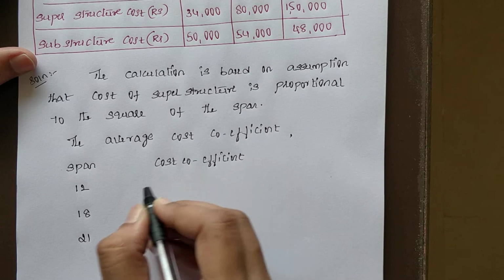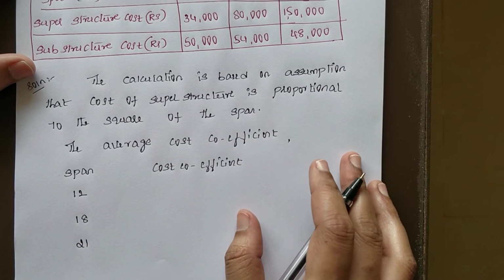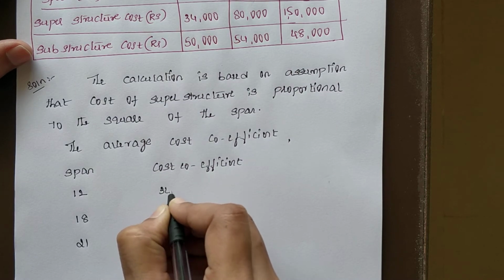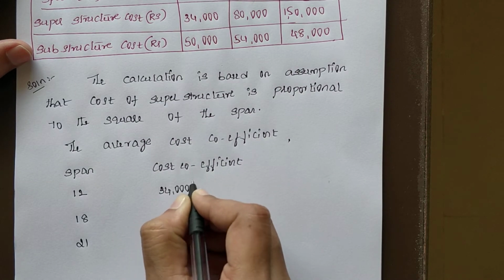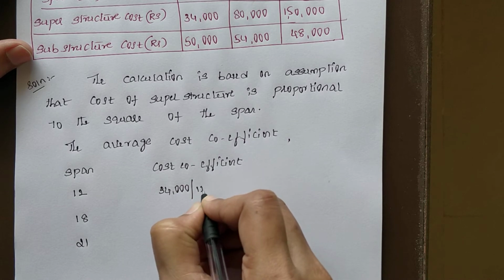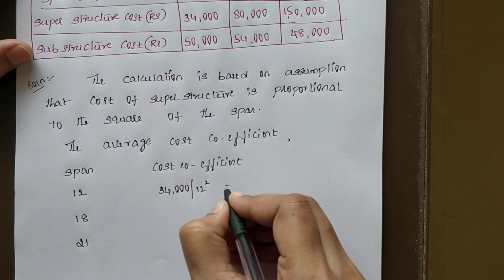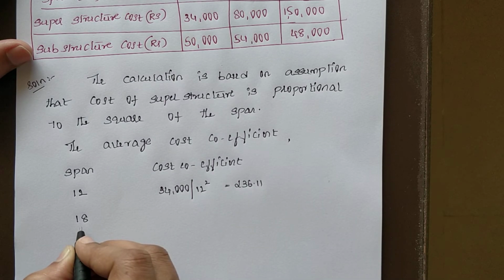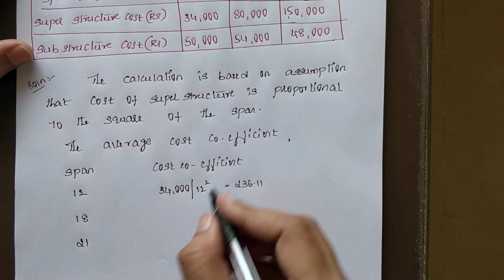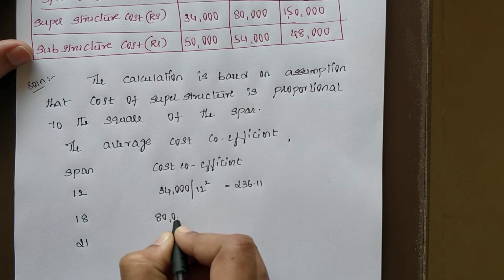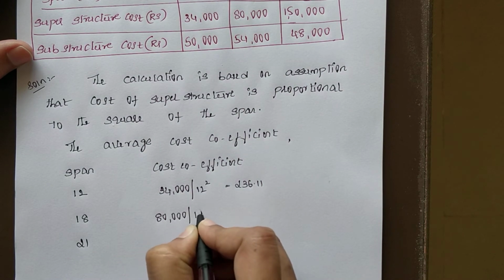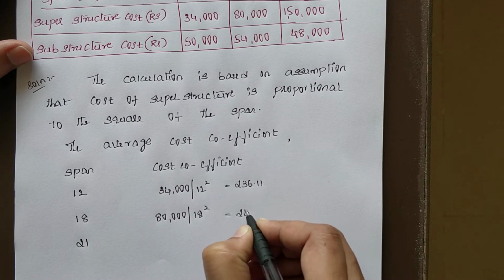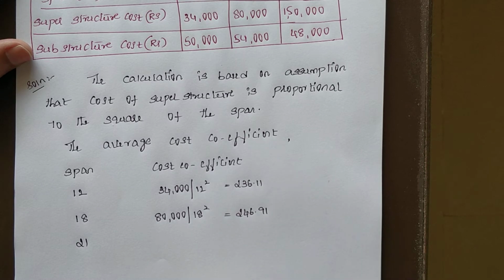The cost coefficient for 12 meter span, the superstructure cost is 34,000 divided by the square of the span, that is 12 squared. You will get 236.11. Similarly for 18 meter it is 80,000 divided by 18 squared, which equals 246.91.